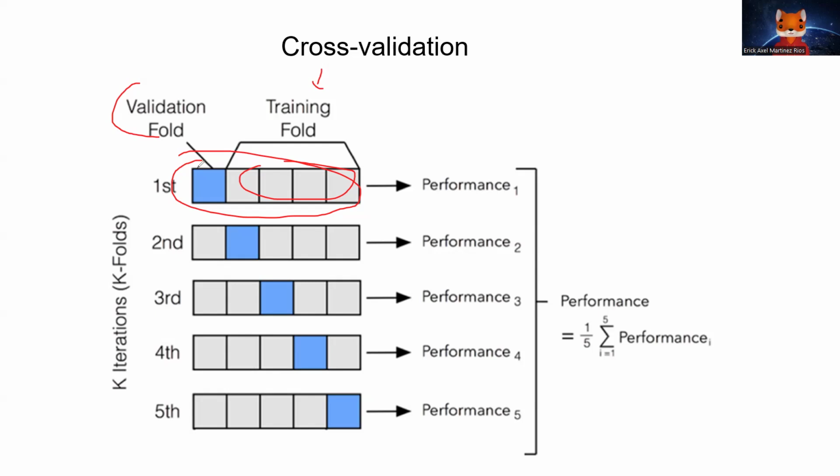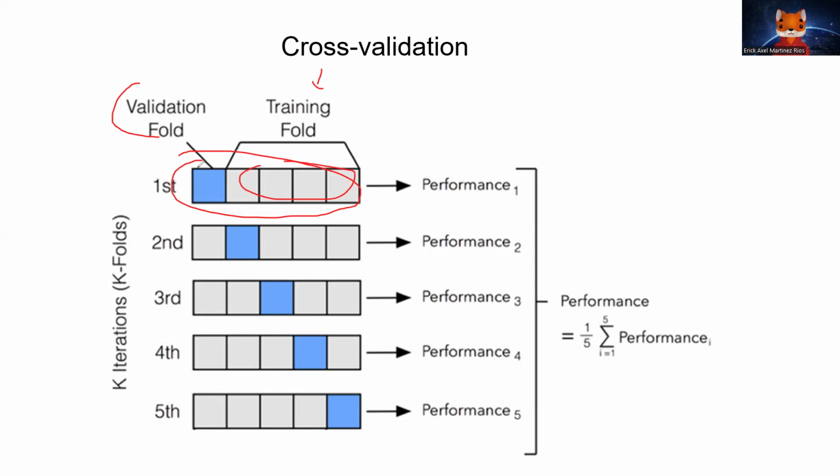And I will be interchanging them: I will be using other parts of the data for training, and I will leave another part for validating. I will be switching the training and validation folds many, many times.